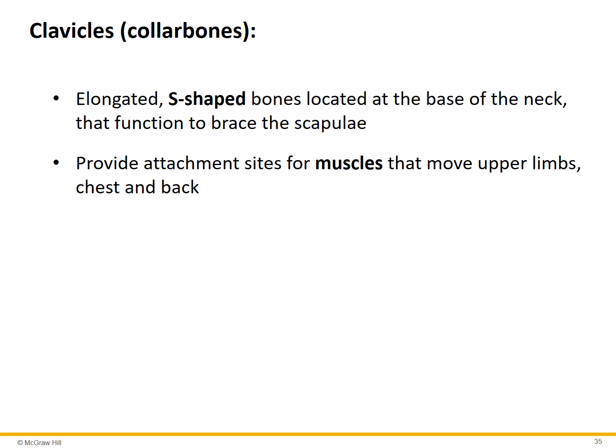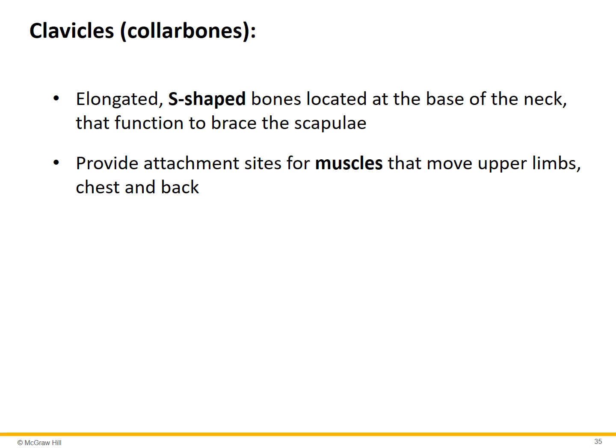The clavicles are very thin, elongated, somewhat of an S-shaped to them. So, you know, if you feel where your sternum is, right, they kind of go flat across the upper part of your chest, and then they have to make a turn to be able to articulate with your scapula.